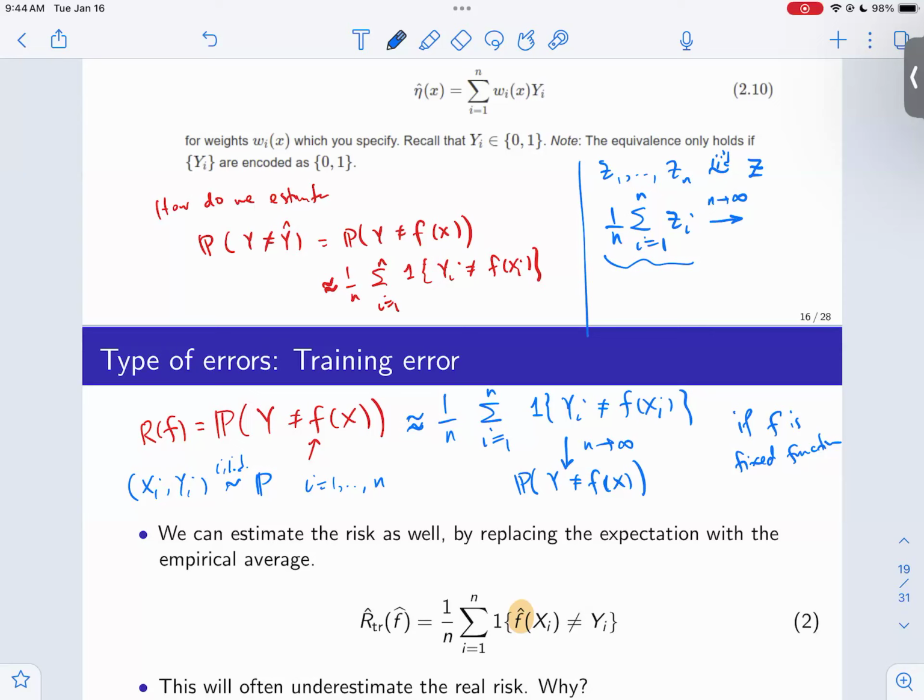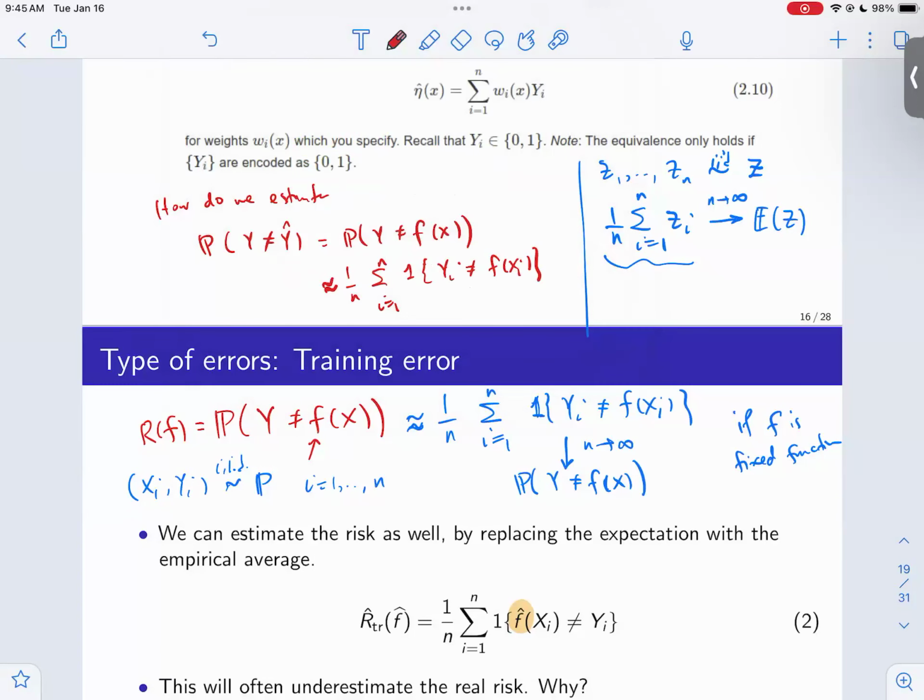So what is the population mean? How do you write it? The population mean is the expectation. So I can write the expectation of one of them, or expectation of Z, or Z1. So this average converges to the expectation of that random variable. Now imagine these are Zi's.